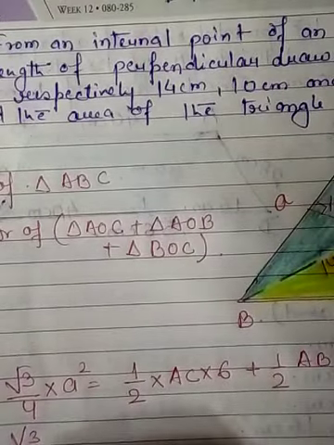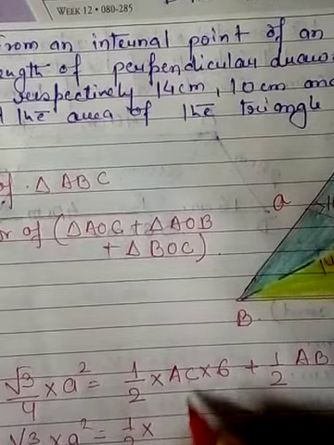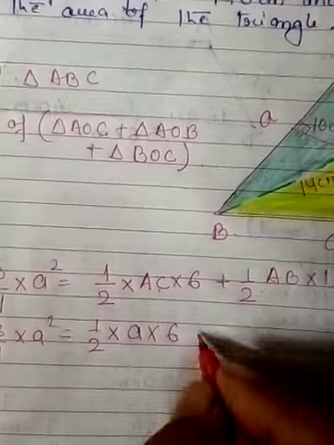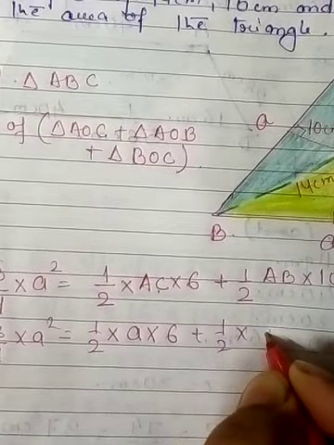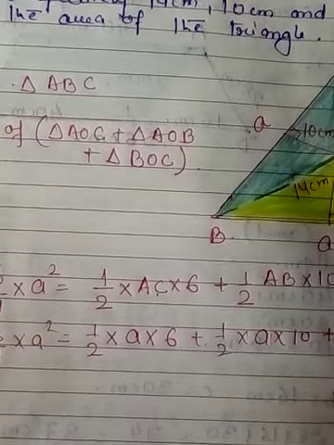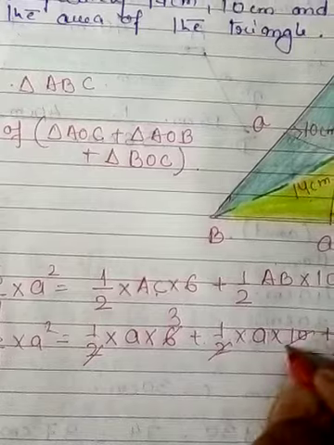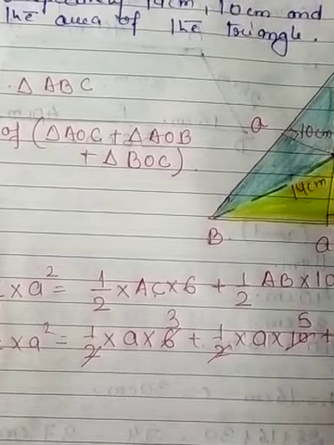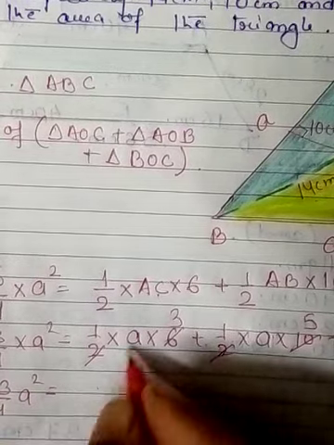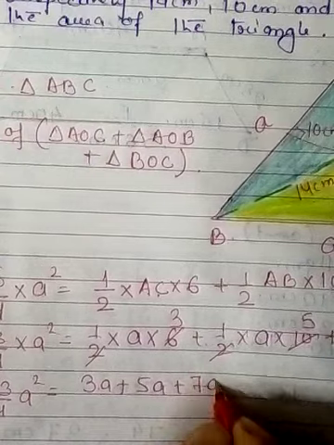So root 3 by 4 into a square is equals to half into AC, which we have taken as a, into 6, plus half into a into 10 plus half into a into 14. Now I'm going to cancel. This is 3, 5 and 7. So we'll get here root 3 by 4 a square is equals to 3a plus 5a plus 7a.